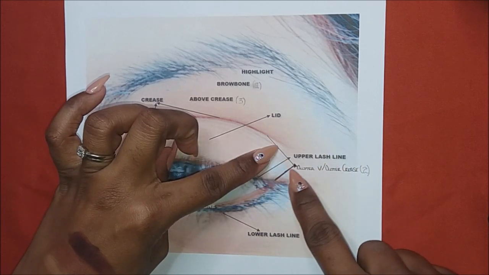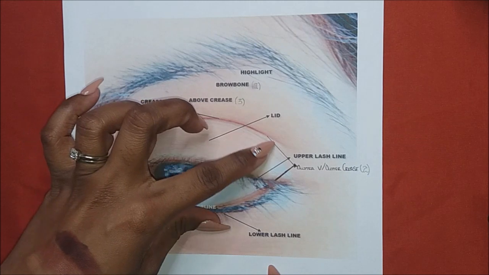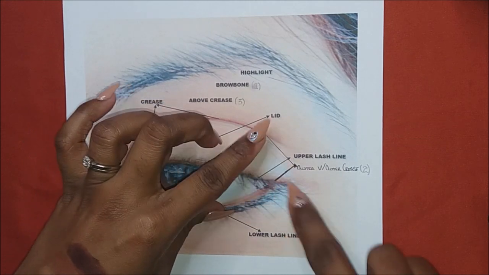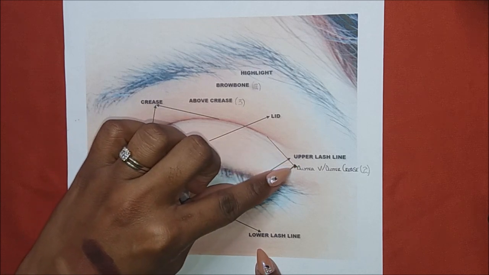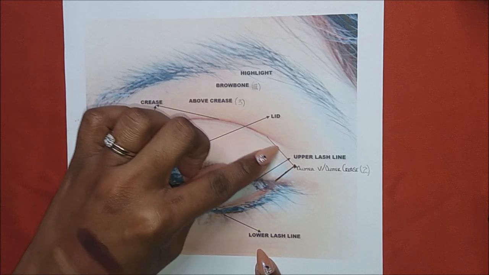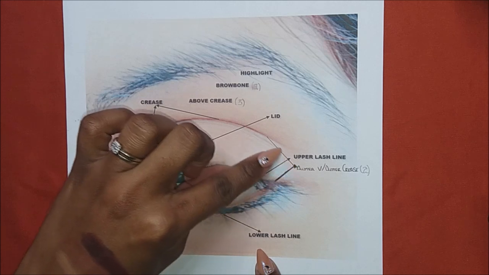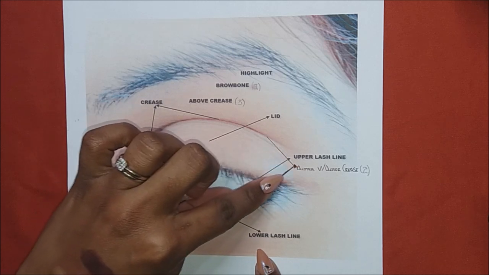Now your outer V is here and here. It's like a V to a side, not all the way up to the brow, but like a V to the side. I hope you can see that. That is your outer V. And that is where you place your contour shade.